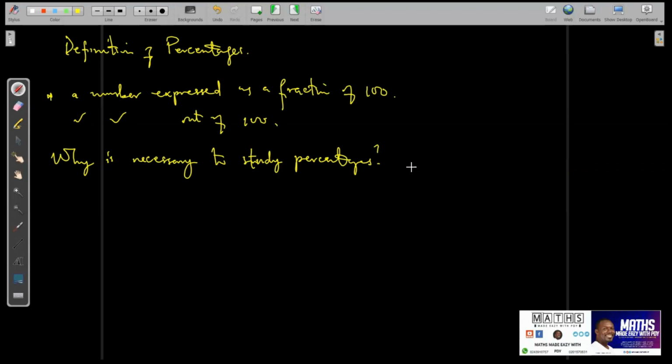Any other person to add up why the need for us to study percentages? Remember, it's a discussion. When you are able to bring your contribution to the lesson, it makes it easier for you to understand and work things out. So please don't sit on the fence and just listen to others, but also bring on board what you have in mind.